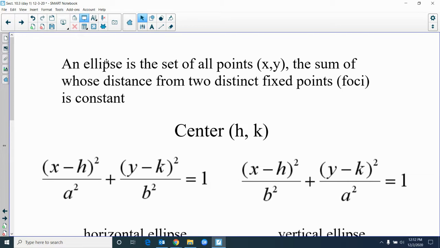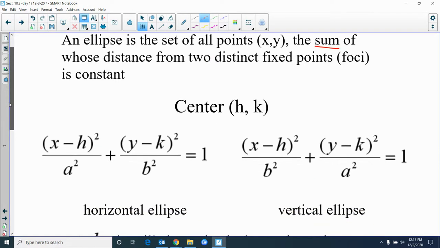And now an ellipse is a set of all points x, y, the sum of whose distances from two distinct points is a constant. Those two distinct points are what we call foci, which is the plural of focus. So you had a focus for a parabola; we're going to have two foci for an ellipse.